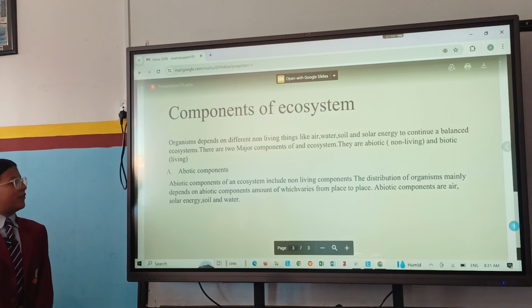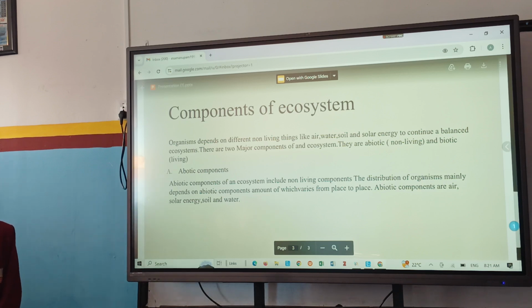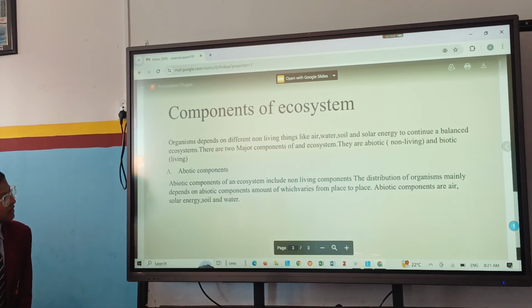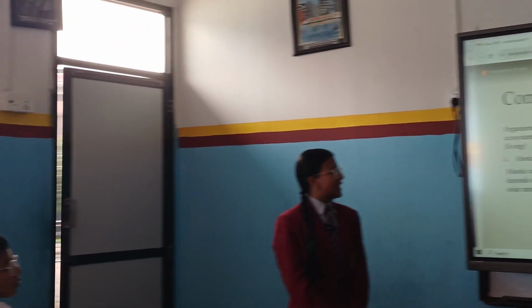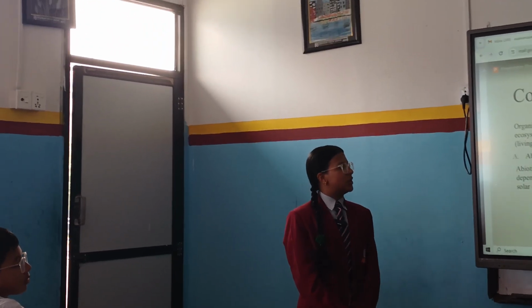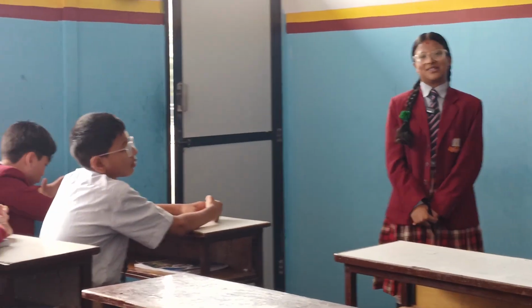Abiotic components of an ecosystem include non-living components. The distribution of organisms mainly depends on abiotic components, the amount of which varies from place to place. Abiotic components are solar energy, soil, water and air.